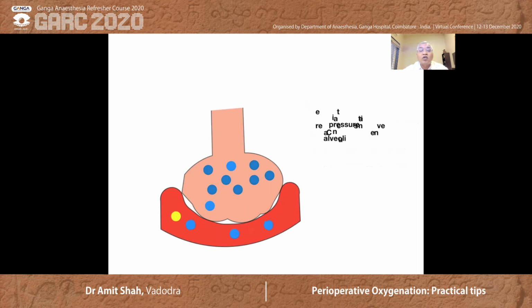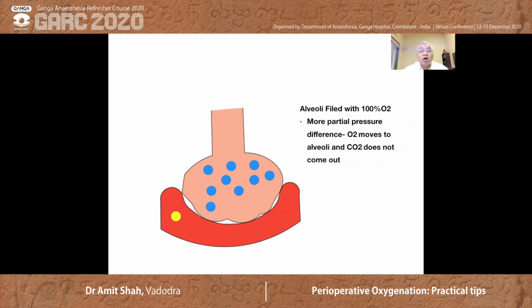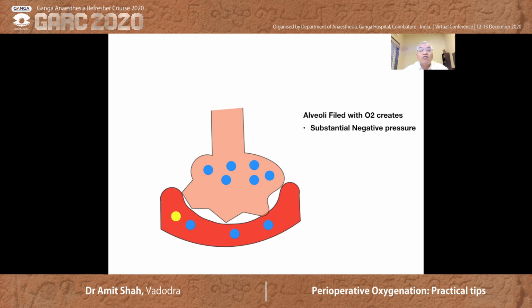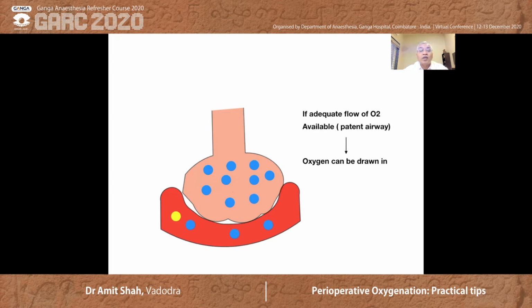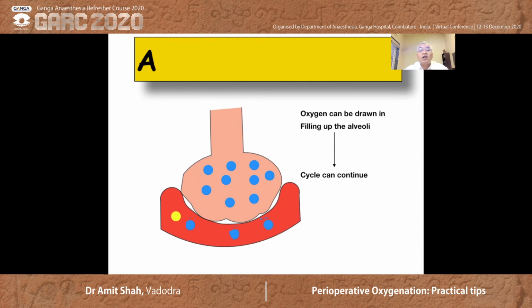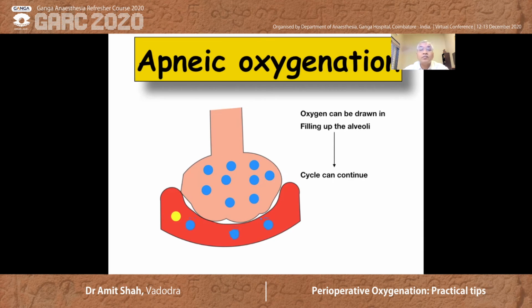With further continuation of oxygen transfer, the negative pressure increases. It creates sufficient negative pressure so that if oxygen flow is available in the airway, oxygen can be drawn in, it can be pulled inside. And then again, with the pulled oxygen, this oxygen transfer can be continued. And this concept is called apneic oxygenation.